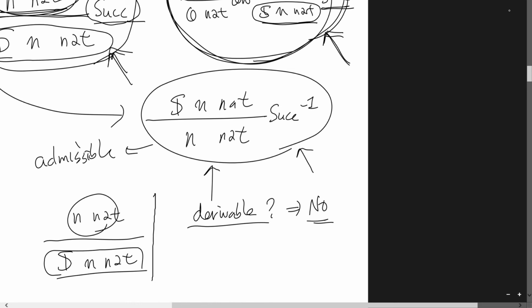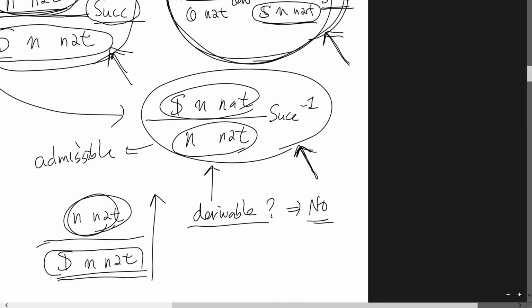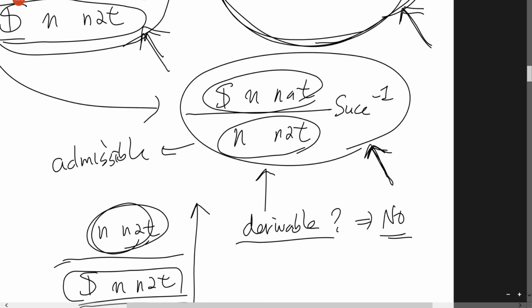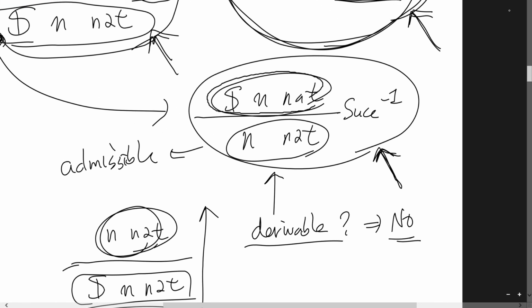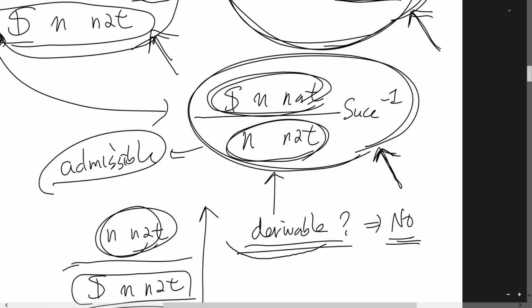So if you go upward, you will always see a smaller judgment than the conclusion. But in this case, the premise is strictly larger than the conclusion. So there can be no derivation tree that fills the gap between this premise and this conclusion. So it's not derivable. So now we have witnessed an inference rule that is admissible but not derivable.